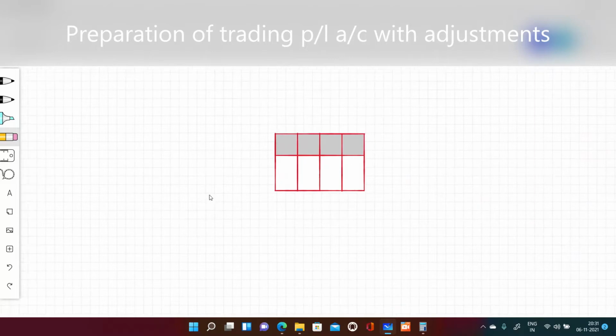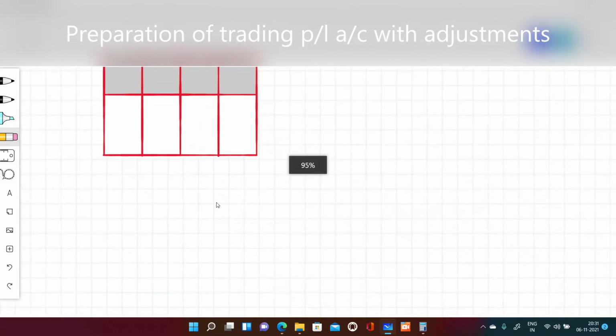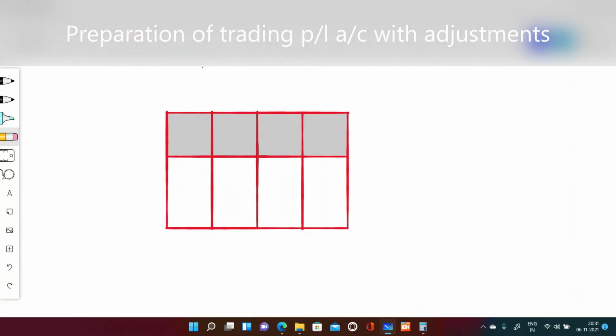One by one we will go through the data which is given to you. In the beginning itself you have to write the trading PL account heading, but I am not writing because whenever I start writing, this table gets adjusted automatically.